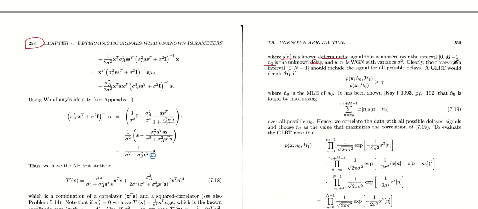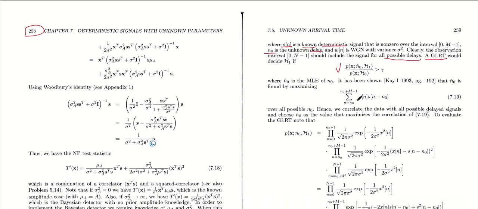Clearly, the observation interval should include the signal for all possible delays, meaning that we still have some knowledge about its arrival time. We don't know exactly what it is, but it will be in the interval 0 to N minus 1. Then a GLRT would decide H1 if this is satisfied. What that means is we need to do an estimate for this N0.